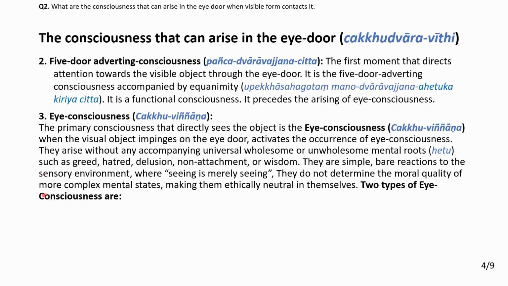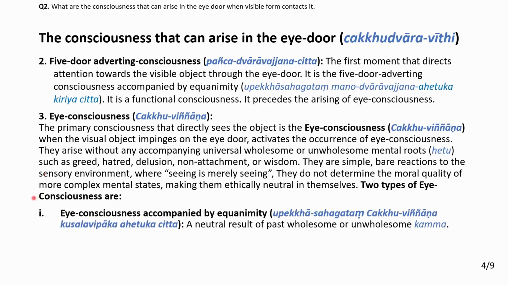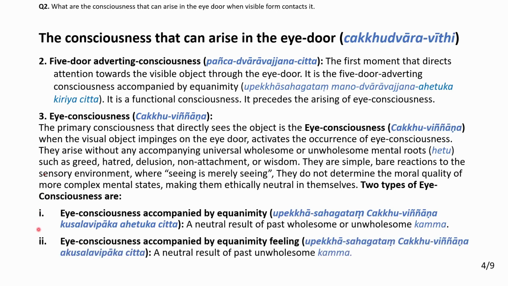The two types of eye consciousness are: eye consciousness accompanied by equanimity, which is a wholesome resultant consciousness, and another eye door consciousness also accompanied by equanimity feeling, but this one is the unwholesome vipaka citta.